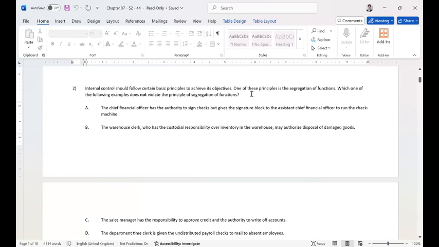Internal control should follow certain basic principles to achieve its objectives. One of these principles is the segregation of functions, segregation of duties. Which one of the following does not violate? So, three out of A, B, C, D violate segregation of duties. One doesn't. What's the answer?